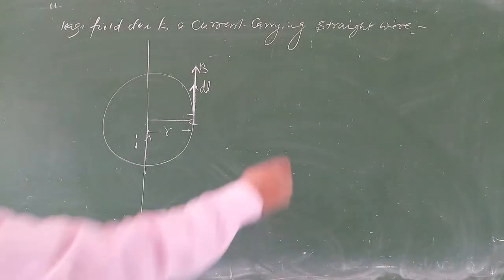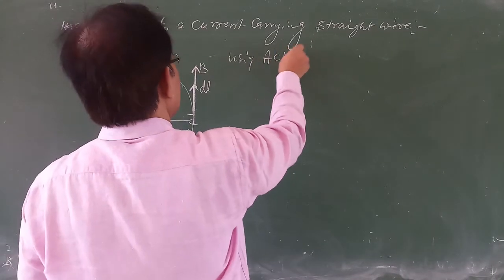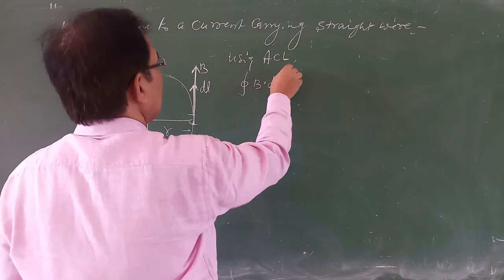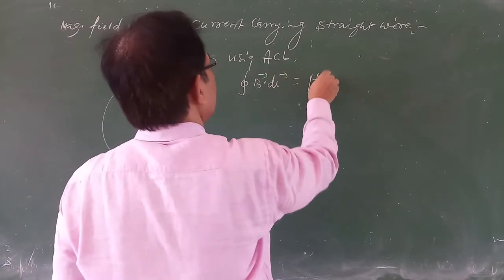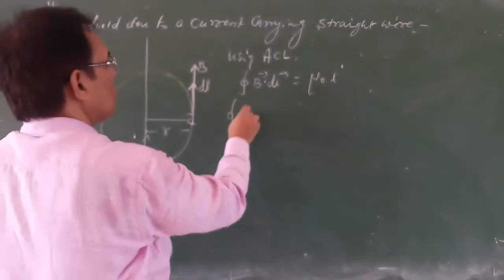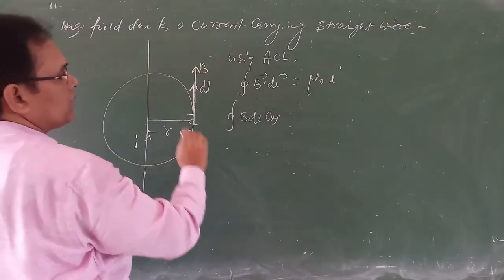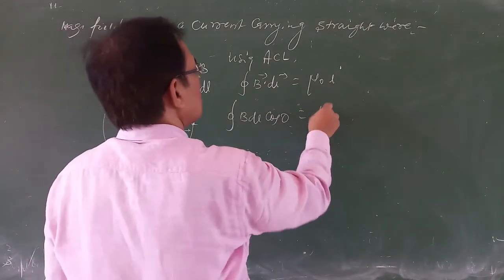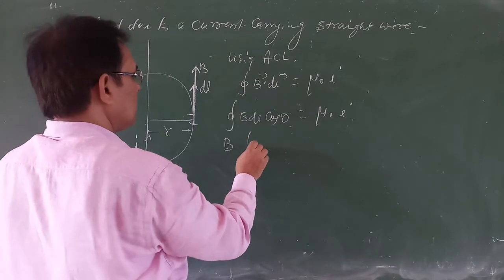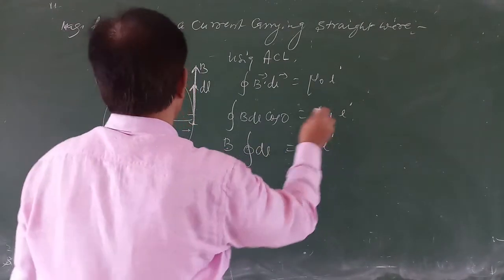So using Ampere's circuital law, the line integral of magnetic field is equal to mu naught I, that is closed integral B dl cos theta, and since B and dl are in the same direction, theta is 0. So B times the closed integral of dl equals mu naught I.